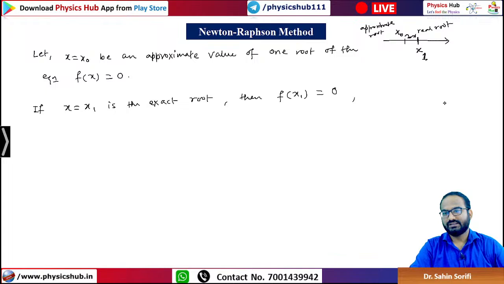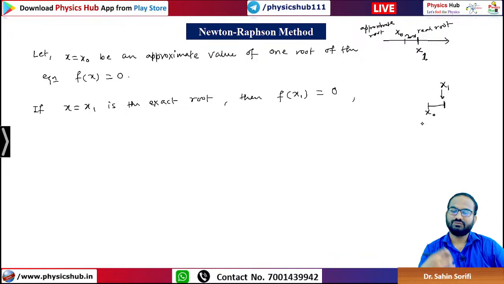So this is our actual goal x1, and we make a guess x0. Now you can ask, why should we make a guess? Because we do not know x1, this exact root, we need to find it.